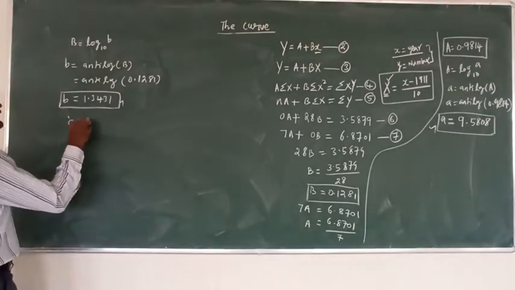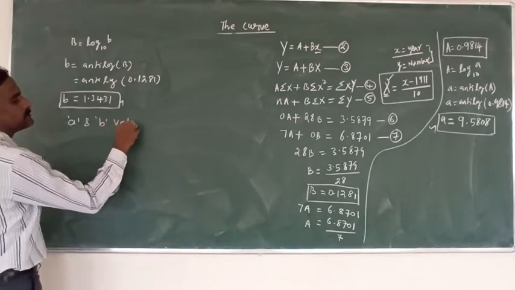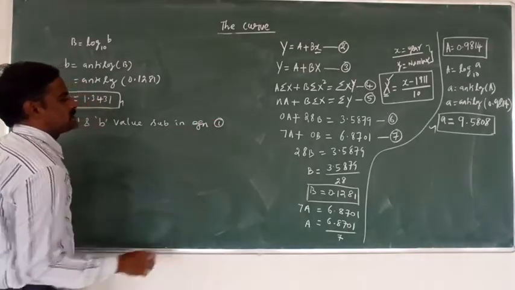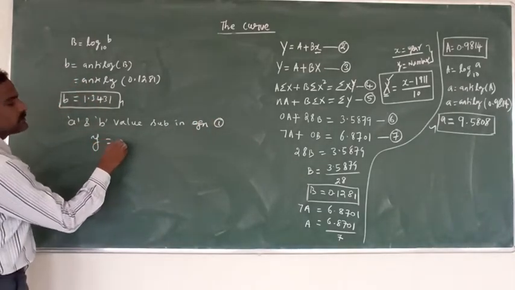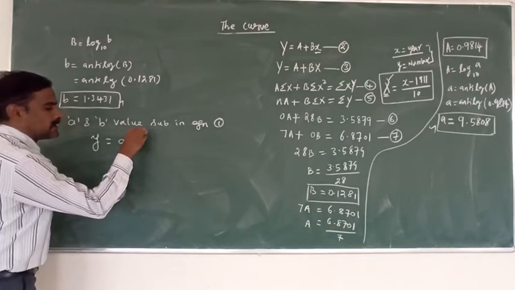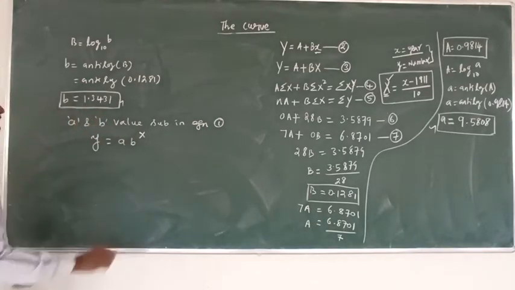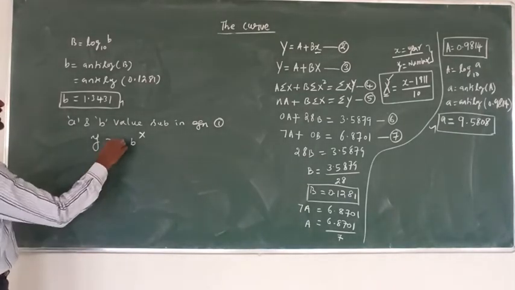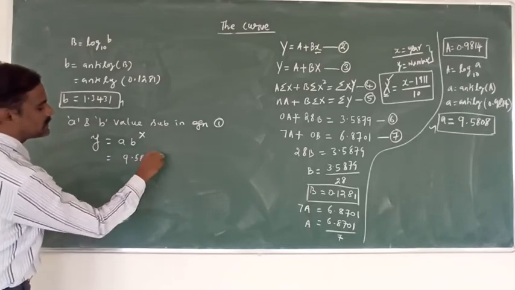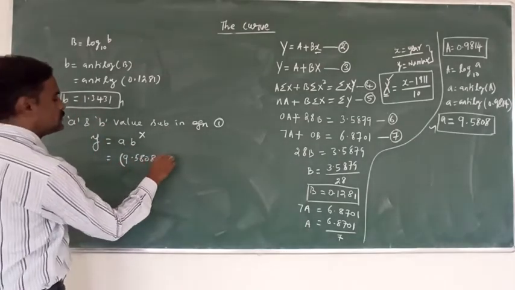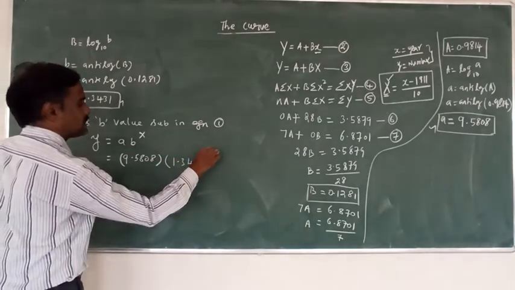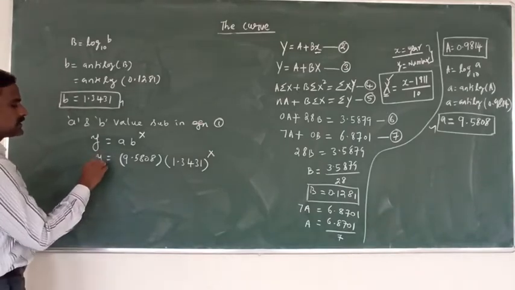A value and B value, substitute in equation 1. Equation 1 formula: y equal to a b power x. Here x is capital. Okay, a value 9.5808, b value 1.3431 and capital X. This is for y.